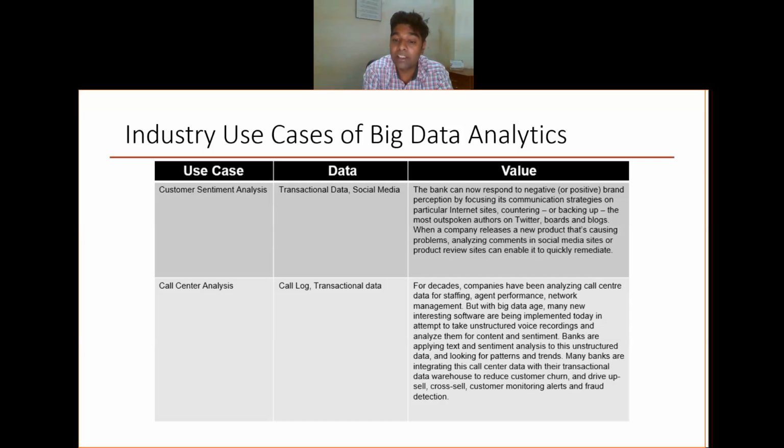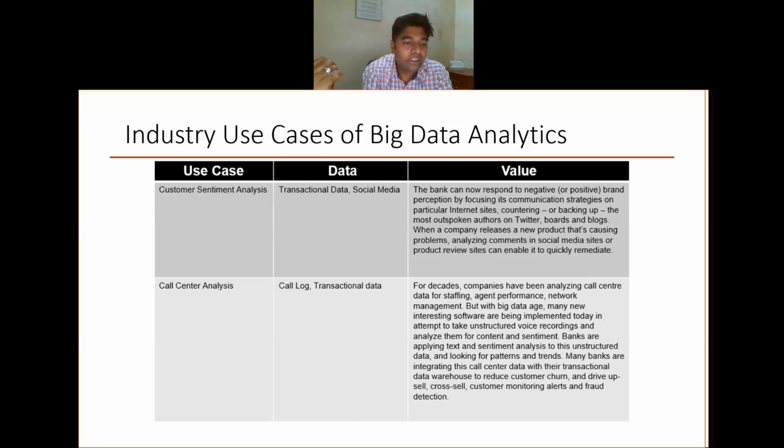And banks are applying text and sentiment analysis to this unstructured data, looking for patterns and trends. Many banks right now are integrating this call center data with their transactional data warehouse to reduce customer churn and drive up sales, cross sales, customer monitoring alerts, and fraud detection.